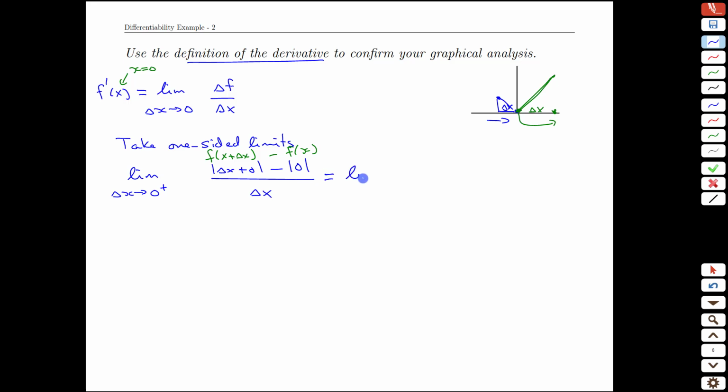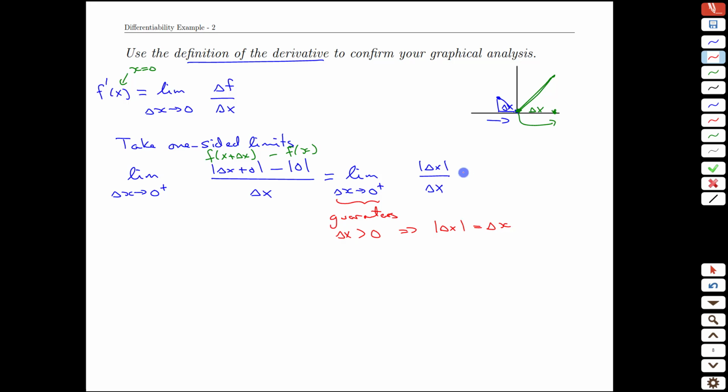The nice thing we can do here is let our delta x get smaller, but all of this simplifies. Delta x plus 0 is just delta x. And on the bottom we have delta x as well. Well, that's straightforward to deal with because this, when we approach from the right, guarantees that delta x is larger than 0. And that means the absolute value of a positive number is just the same number again.